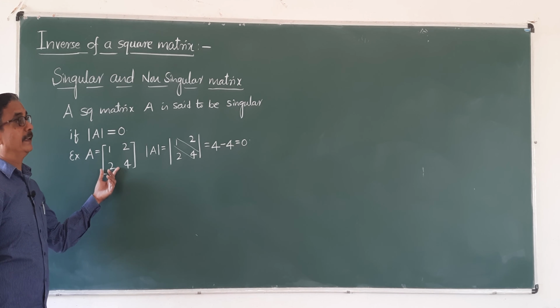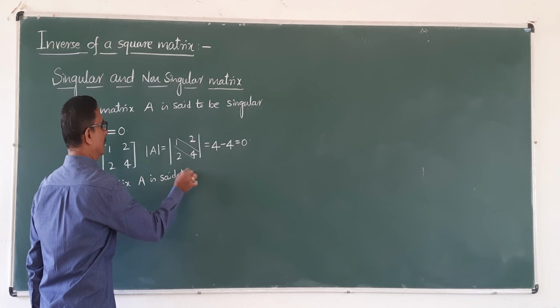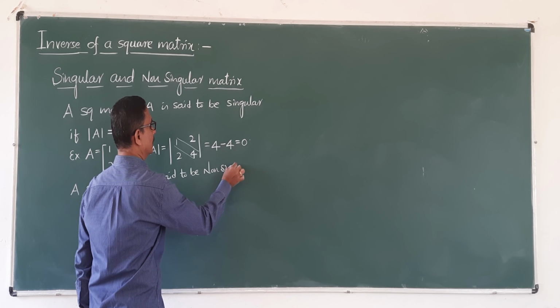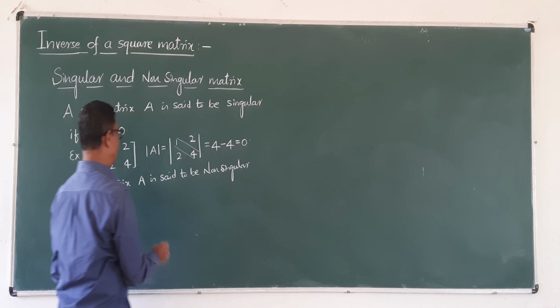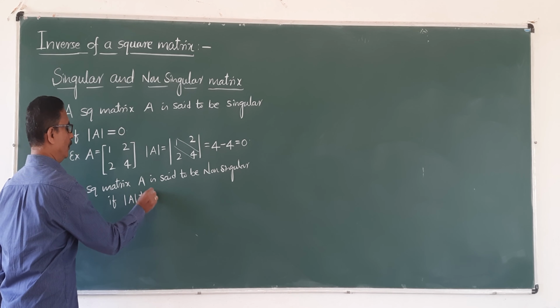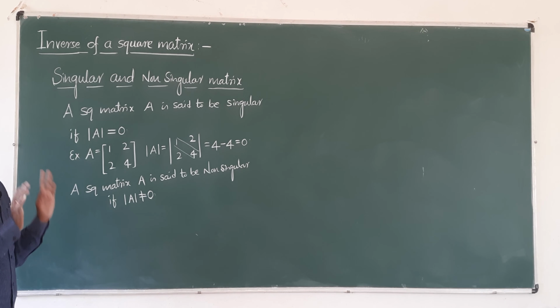Whereas a square matrix A is said to be non-singular matrix. Condition, remember, determinant of A is not equal to 0. The determinant should not be 0.